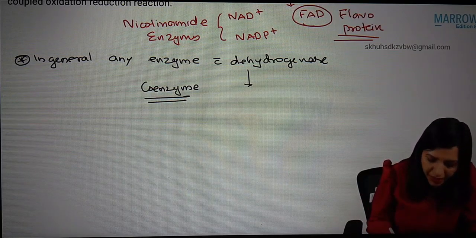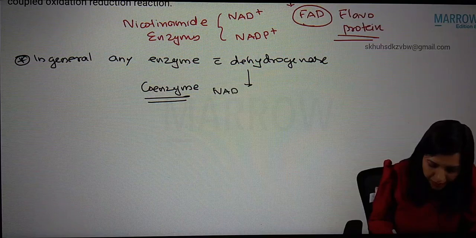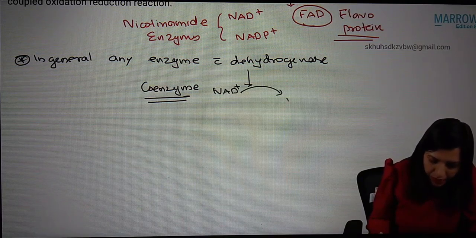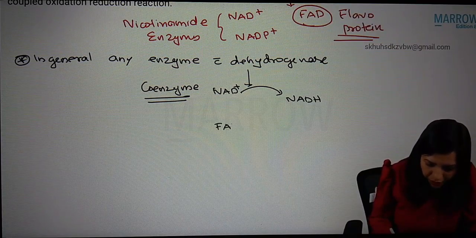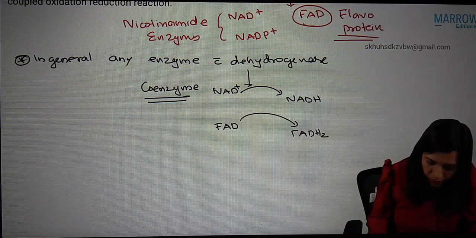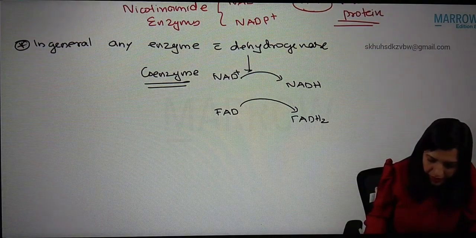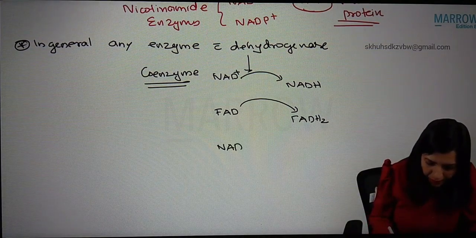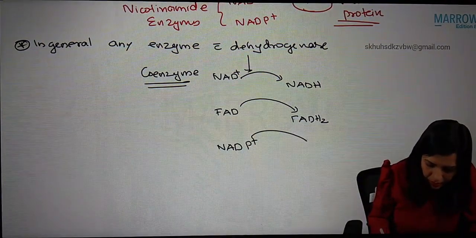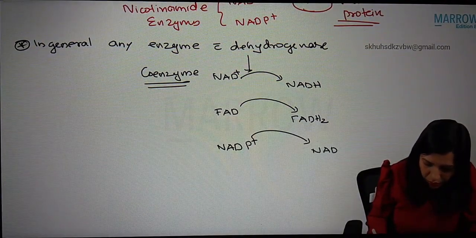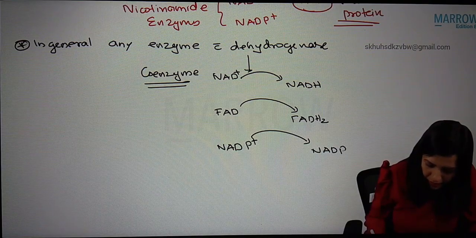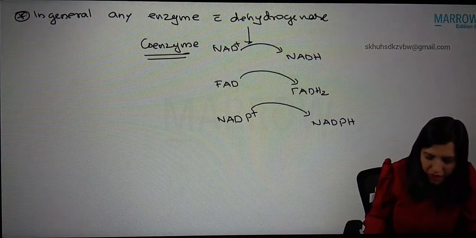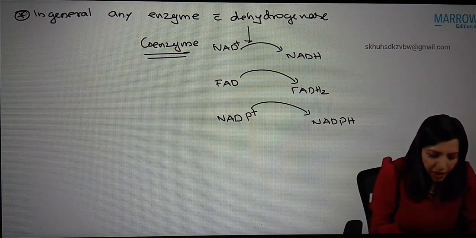That coenzyme is usually NAD plus, which becomes NADH, or it can be FAD to FADH2. And the third is NADP plus to NADPH. So usually these are the hydrogen element acceptors.